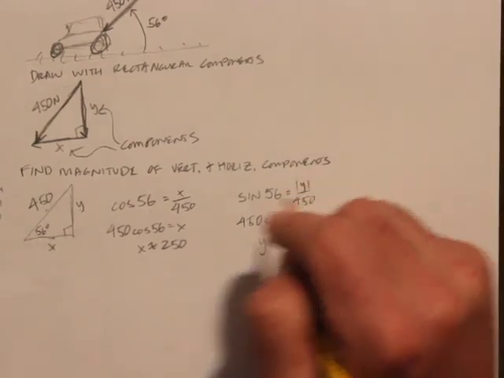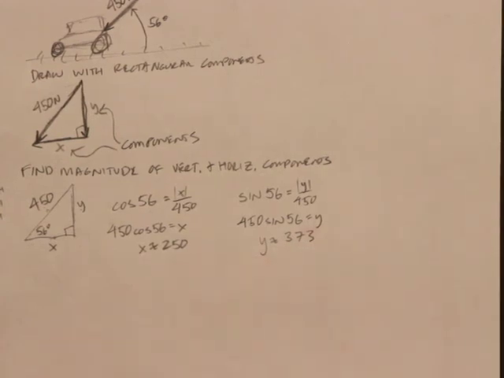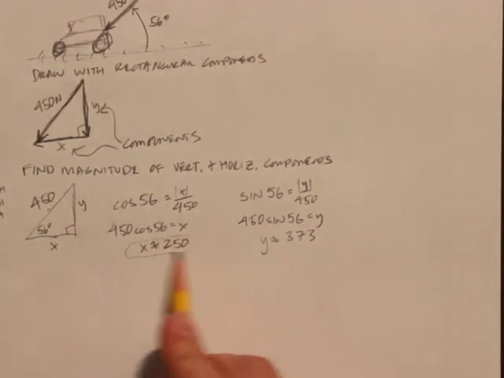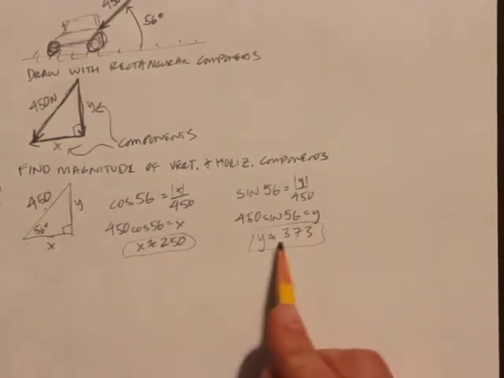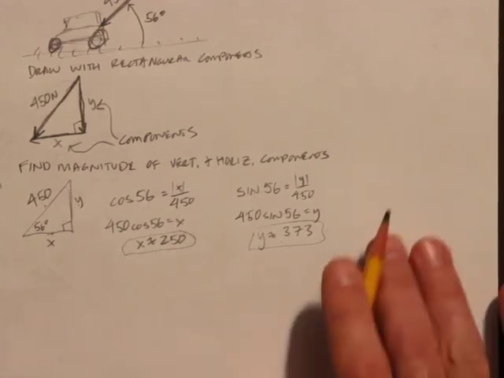So I have these absolute value signs because it needs to end up being a positive number. All right, so we have broken down those two components, and that is our answer, X and Y. And there we go. Now, you try.